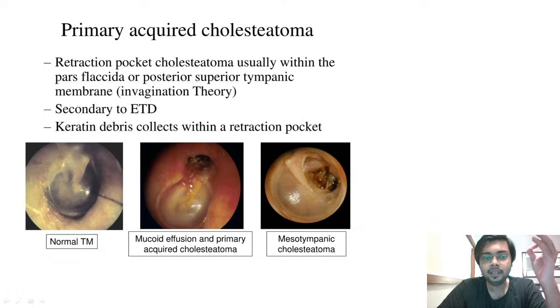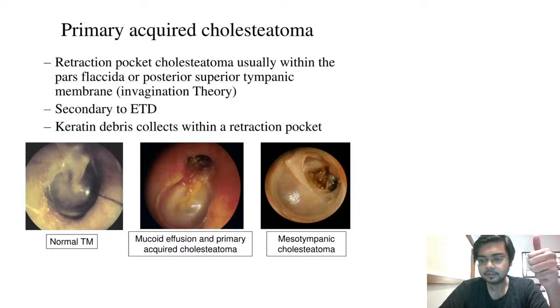Whether this squamosal debris is discharging, then it will be active squamosal chronic otitis media with cholesteatoma, and if it is not discharging, it will be inactive chronic otitis media squamosal variety.